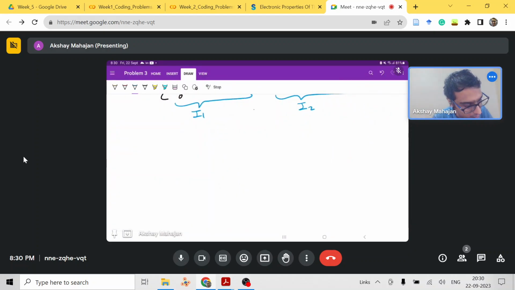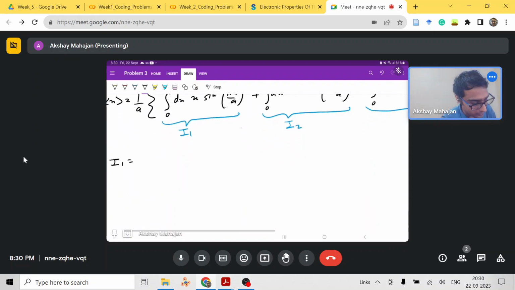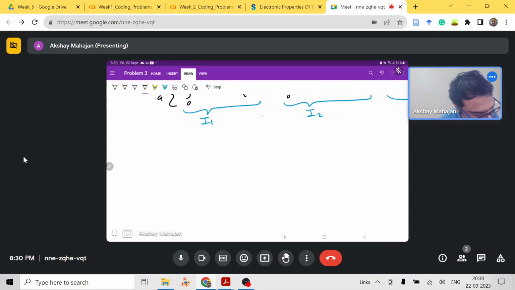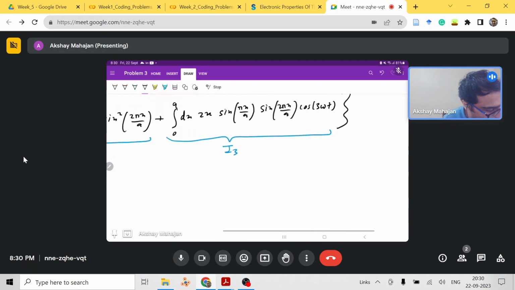Alright, so this I1, I2, I3 could be solved in a similar fashion by integration by parts. So my expectation value of x will be basically 1 by 8 times I1 plus I2 plus I3.